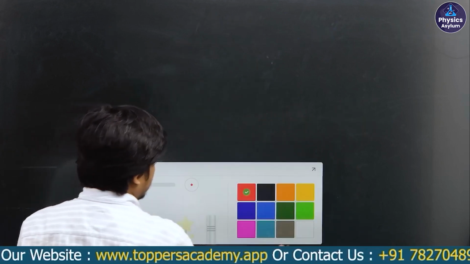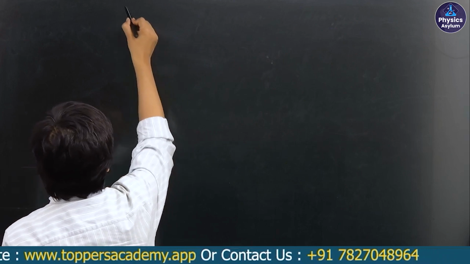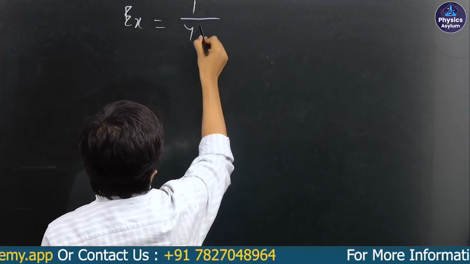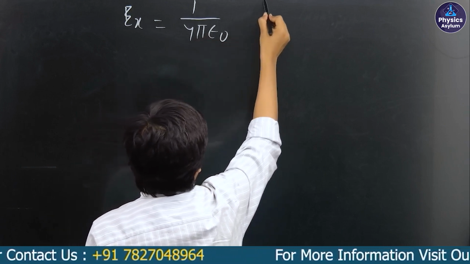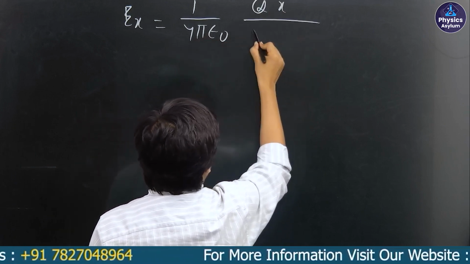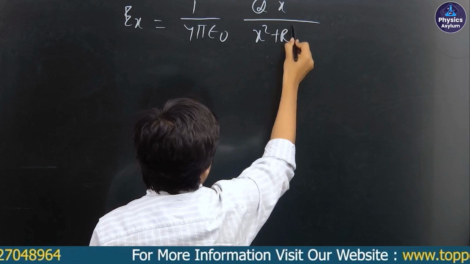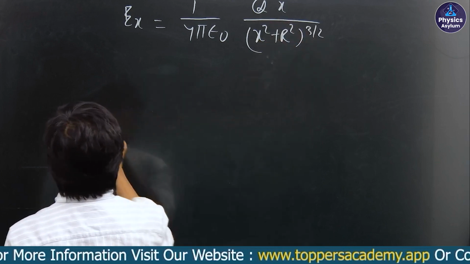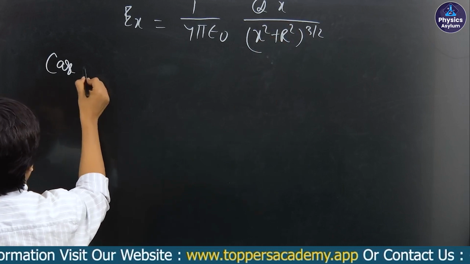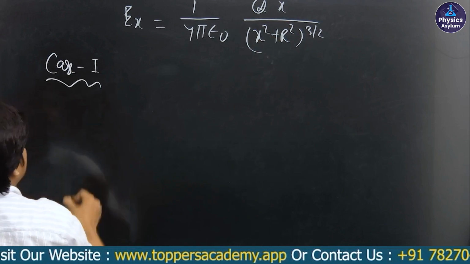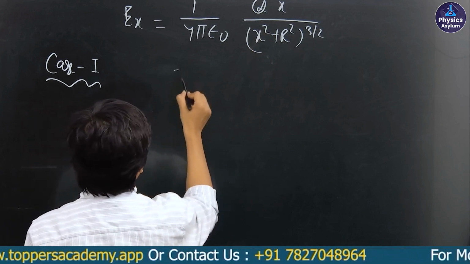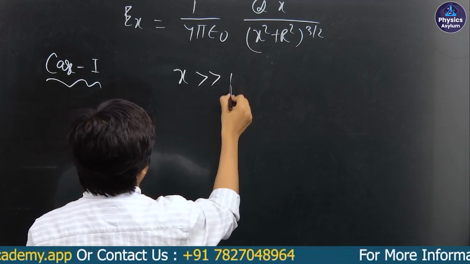Now let me discuss with you what will happen if this point is much far away from the ring. That is, we can say that this x is much greater than r.